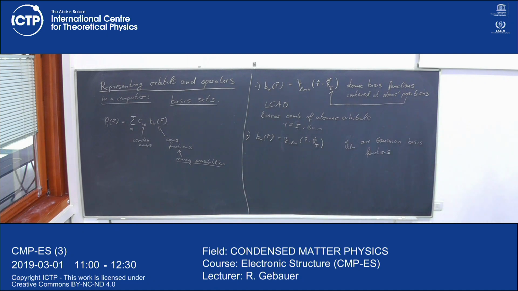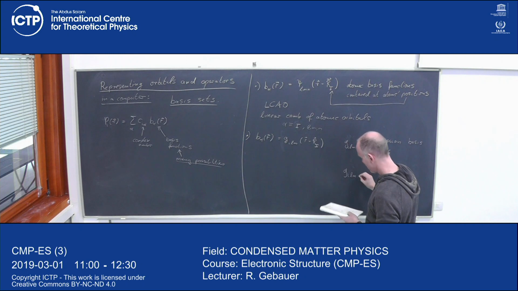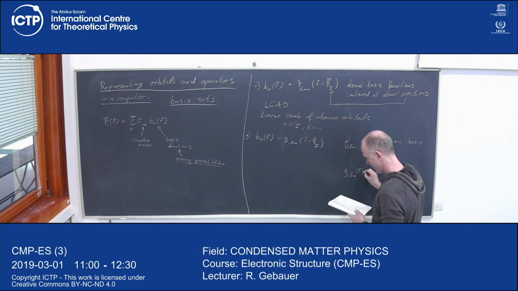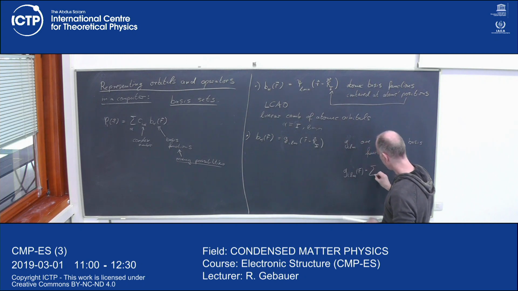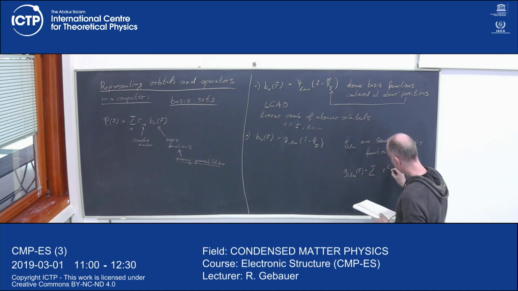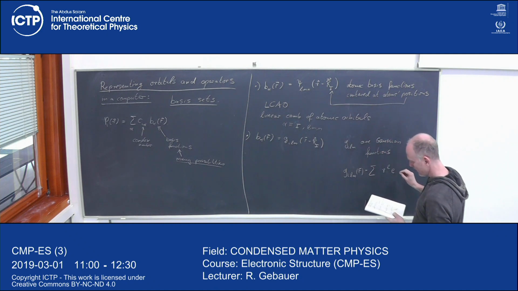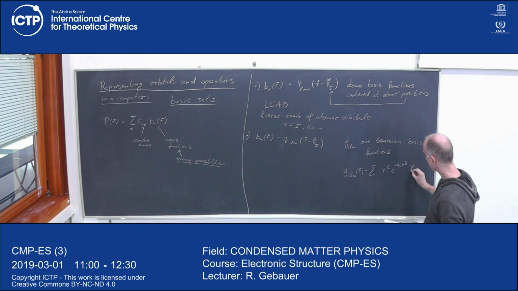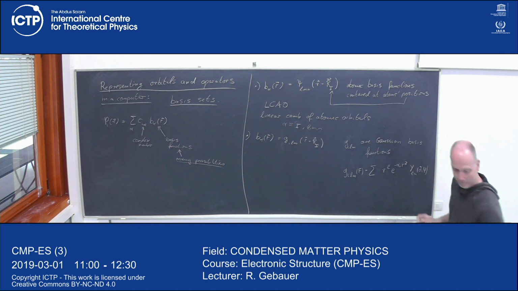So what is a Gaussian function? You probably all know what they look like. A G, I, L, M of R is in fact something like R to the power L, but then e to the minus alpha times R squared with some spherical harmonic L m of theta and phi.